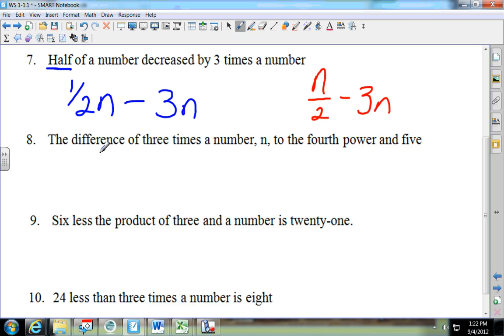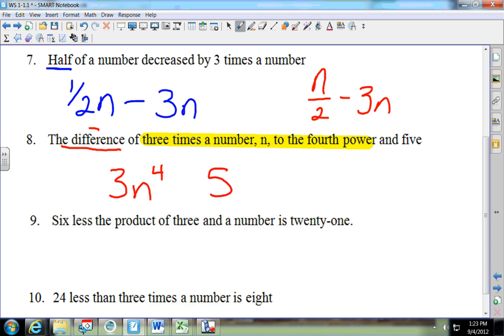The difference of 3 times a number, n, to the 4th power and 5. Holy moly macaroni, that's a whole lot right there. The difference of 3 times, okay, so wait a minute. Difference, I know that this means to subtract, right? But what am I subtracting? 3 times a number to the 4th power, that whole thing goes together. Okay? So that means 3 times a number to the 4th power and 5.